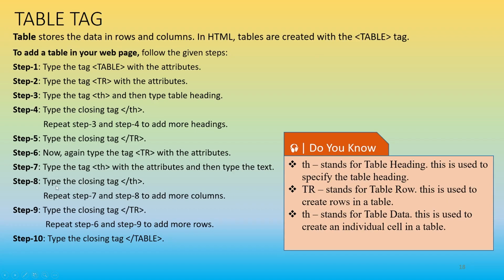And you can type the closing tag th. Now here repeat steps 7 and 8 to add more columns. These more headings are also more columns, but since we are in a table, we write my first row as table heading. That is why I have used the word headings here.